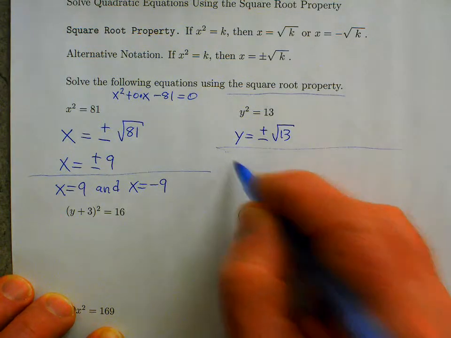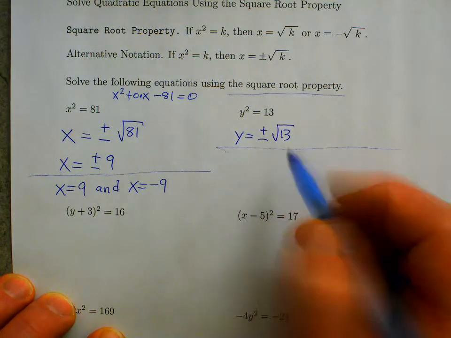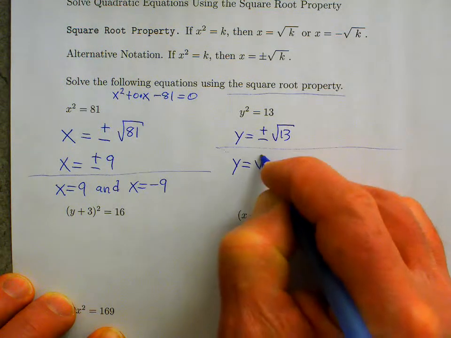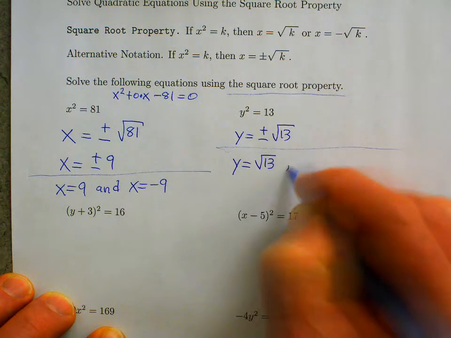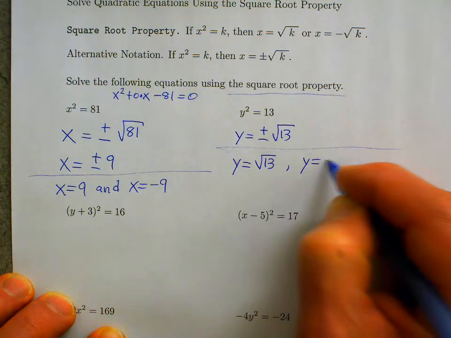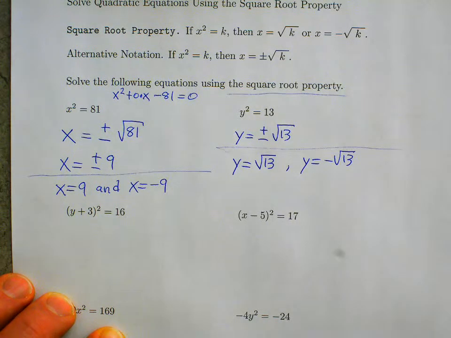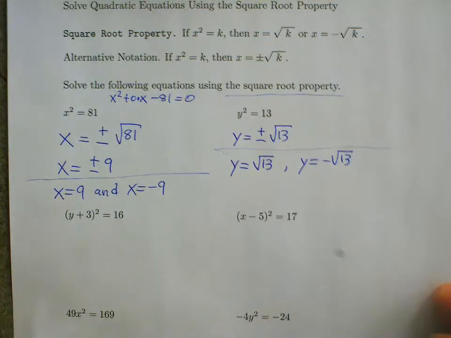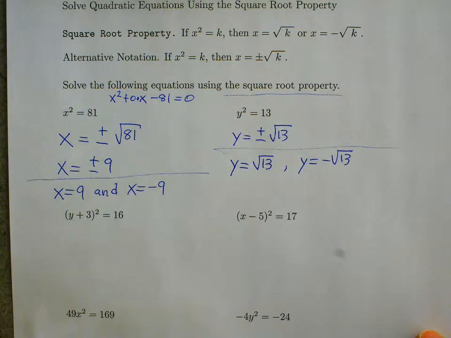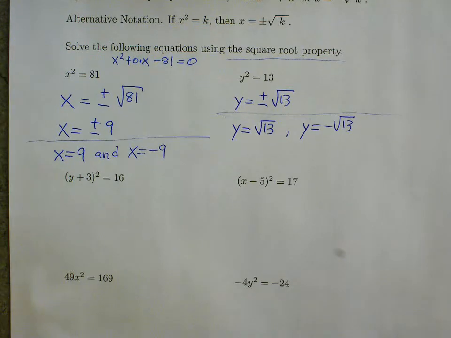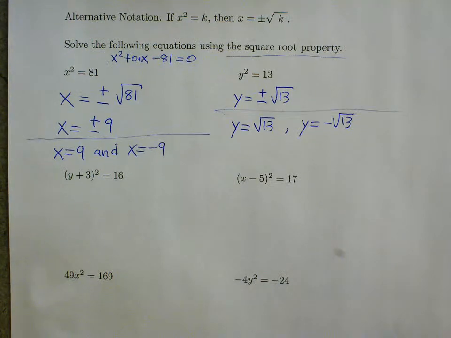But once again, if you want to write the solutions separately, you can. y equals the positive square root of 13 and y equals negative square root of 13 are the two solutions. Okay, we will progressively get a little more challenging as we go.